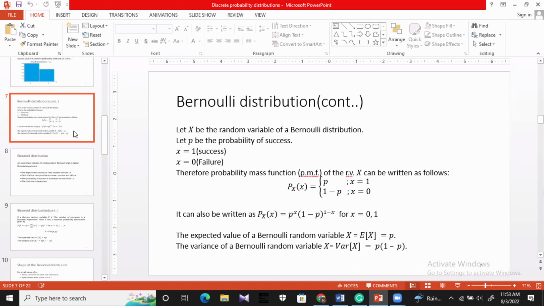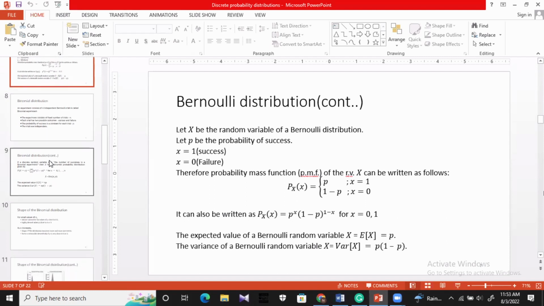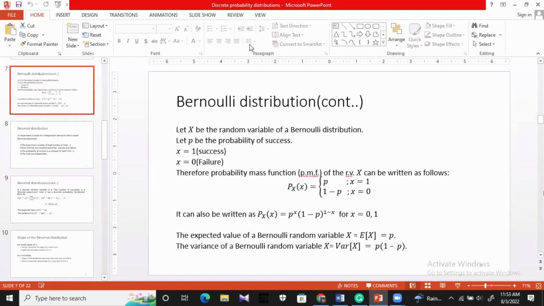Please tell me, guys, because the binomial distribution depends on the Bernoulli distribution, right? It's an extension of the Bernoulli distribution. Therefore, you should know the Bernoulli distribution well. Without knowing it, you cannot do the binomial distribution, right?